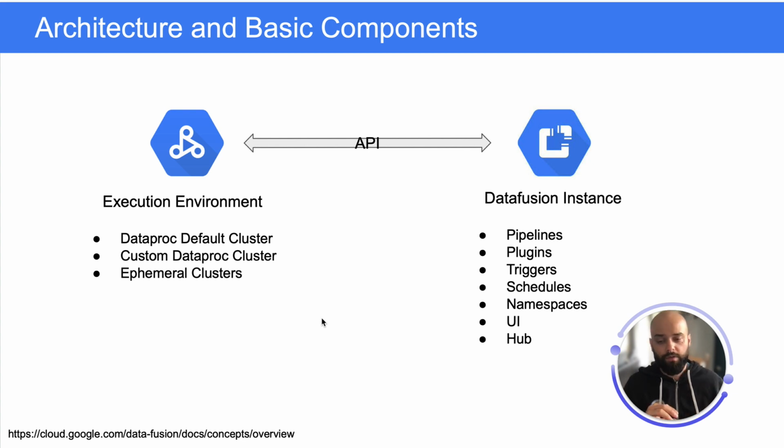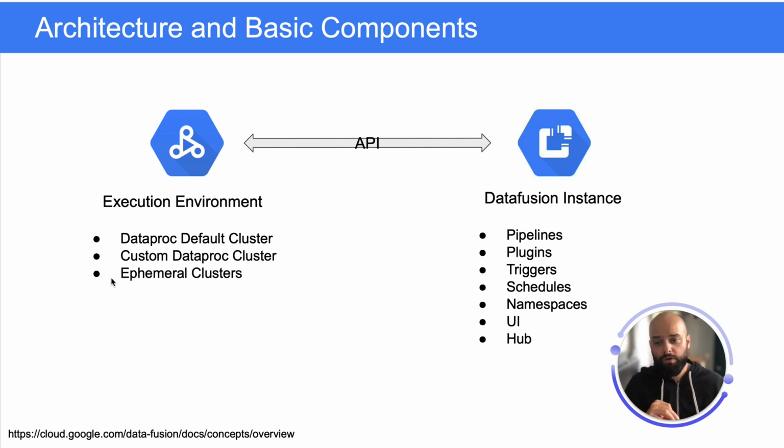Other than that, in case our company already has some customized Dataproc cluster with some specific configurations, we can be using them in our pipelines instead of using the default one, right? This is for the use case of, for example, we need to set up some specific information in that cluster, some security information, some sizing, some scaling policies that are different from the default one. We can use our own cluster, right?